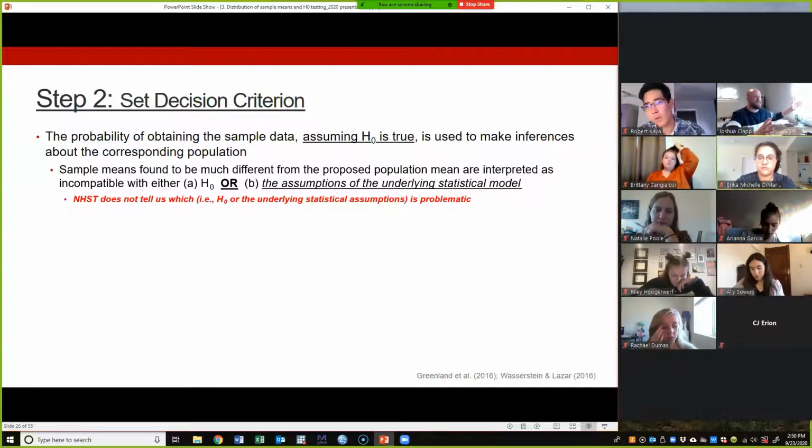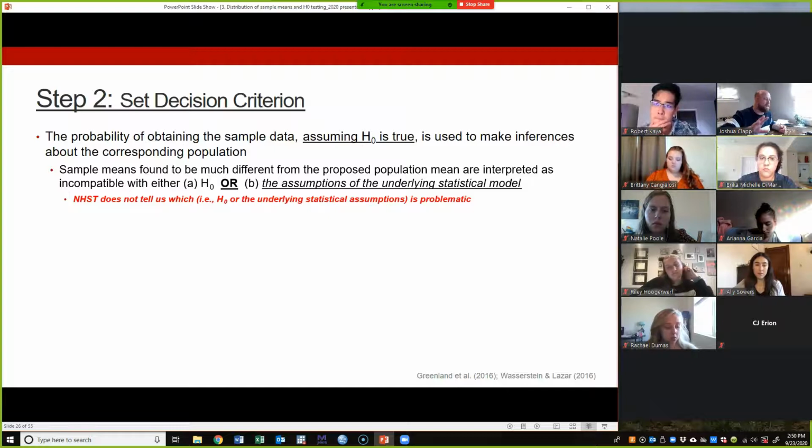But if I get something that deviates quite far, and my methods are good, and I haven't violated or grossly misspecified the model, and I still get something very different, I'm going to take that as evidence that the characteristics of this population I'm interested in are different in some systematic way than whatever's presented under my null. Okay.